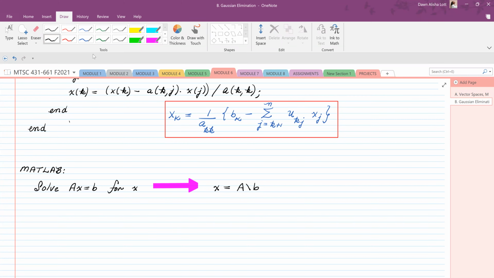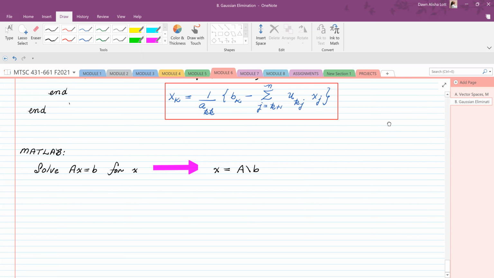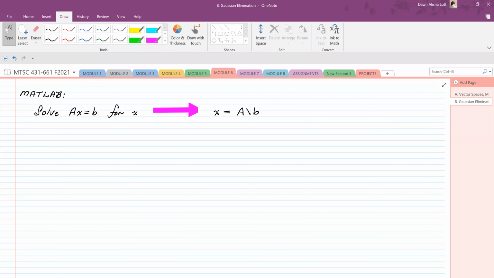This does Gaussian, or whatever numerical method it finds to be the most efficient to solve that. So MATLAB has changed the notes, because my notes don't take into account that people are no longer really writing these codes.